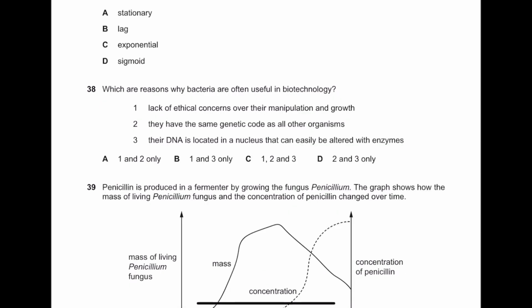Number 38. Which are reasons why bacteria are often useful in biotechnology? So bacteria are quite useful for us because they help us to make what we need. And they can help us because their genetic codes are the same as ours.